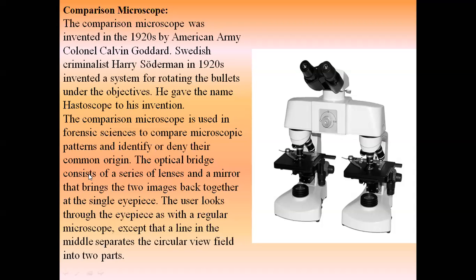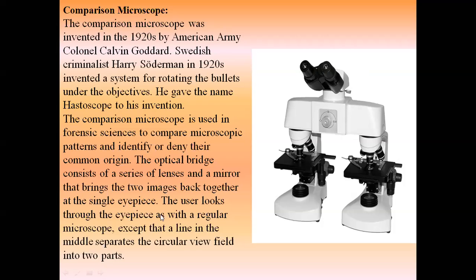The optical bridge consists of a series of lenses and mirrors that brings two images back together at a single eyepiece. That means the image formed from this microscope and this microscope will be bridged by some mirror and prism located in this bridge area, and as a result half the image from this area and half the image from this area will be clubbed together and made into one image, viewed in this area.